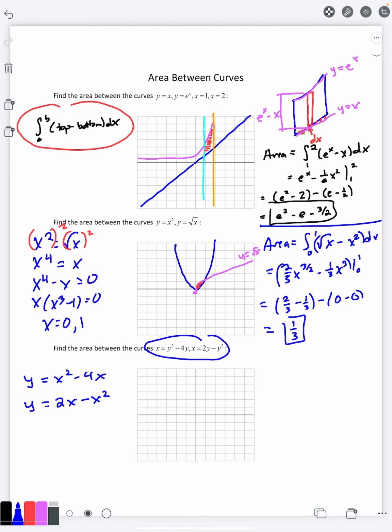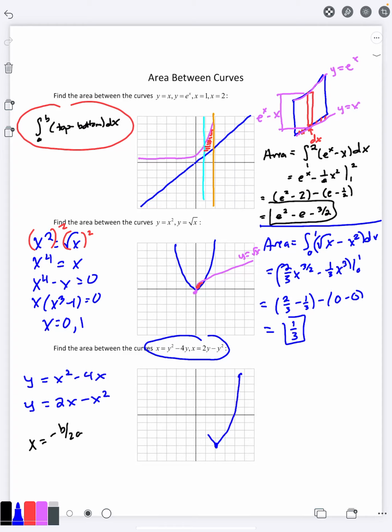Now, both of these are parabolas, right? We got the x squared there. We can use our vertex formula. X is negative b over 2a. I'll skip a little bit of the work in doing these graphs, but you can take your time or use your calculator for this. So for the first one, the vertex is going to be x is 2, and if you plug it in, you get 4 minus 8 is negative 4, so it's going to be down here somewhere.